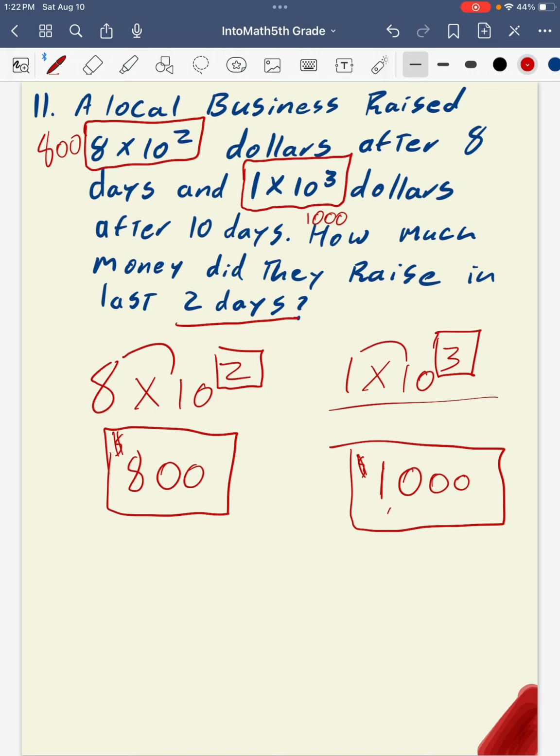Now I need to figure out how much money they raised in the last 2 days, from day 8 to day 10. To figure this out, I'm going to find the difference by subtracting 1,000 minus 800.